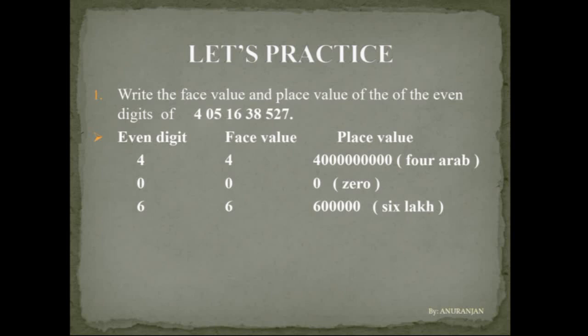In the thousands place. So we'll multiply 8 by 1000. That will give us 8000. We have 2. Then face value of 2 will be 2. And 2 is in which place? Tens place. So 2 tens are 20.